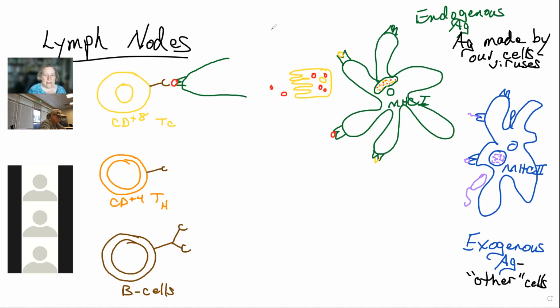And CD8s look for MHC1 because they're looking for virally infected cells, okay? So this comes along and shakes hands, interacts with this epitope that is displayed by the MHC1 on this antigen presenting cell, okay?